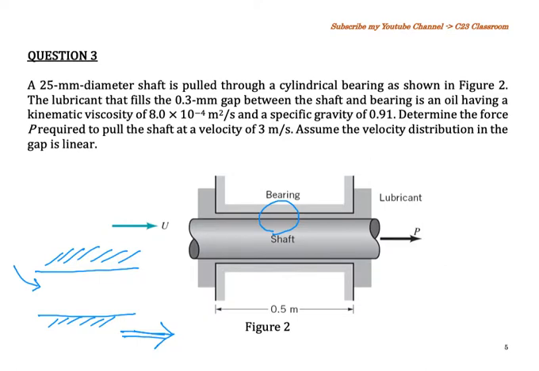If we focus on a molecule of the lubricant that sticks on the bearing surface here, this molecule sticks very hard on the surface, and it gives us the no-slip condition, which is u equal to 0. This other molecule also sticks very hard on the shaft surface, but according to the question, the shaft surface is being pulled to the right.